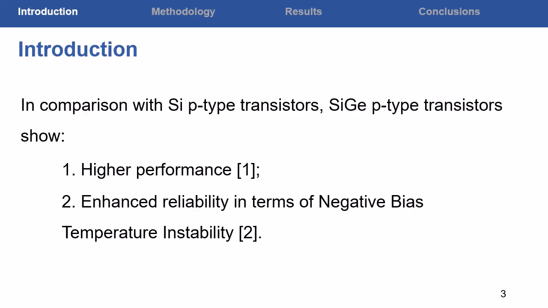Our interest in studying the transport of holes in silicon germanium alloys comes from the idea that silicon germanium alloys could substitute silicon in p-type transistors. And this idea is supported by previous papers, which have electrically characterized silicon germanium p-type transistors and have shown that they have a higher performance in comparison with silicon p-type transistors.